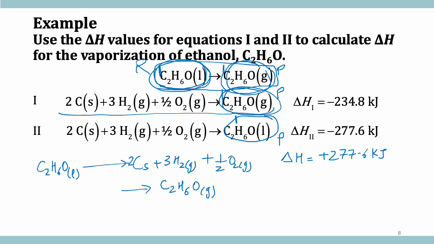C2H6O in gas form. The reactants are 2 carbon solid, 3 hydrogen gas, and half O2 gas. What would be delta H? I did not do anything to my reaction number 1, so it will stay as it is, negative 234.8 kilojoules.